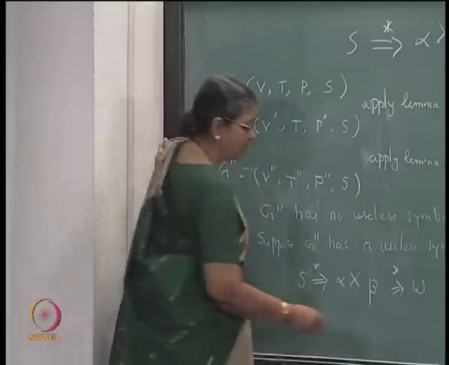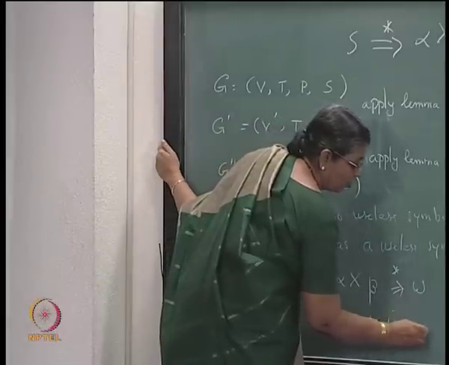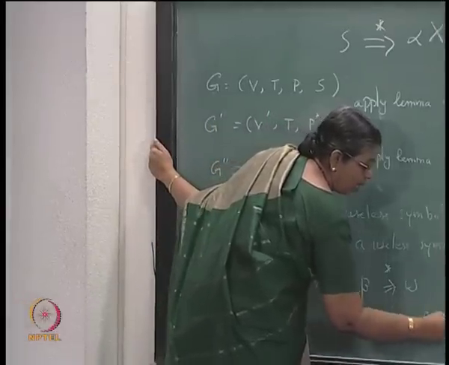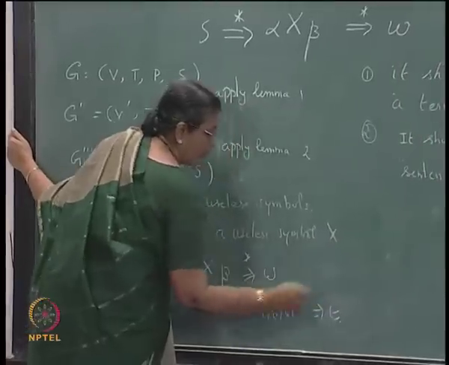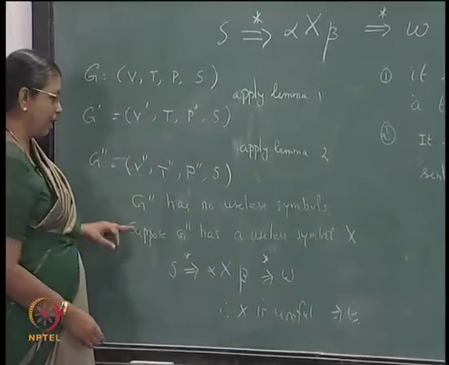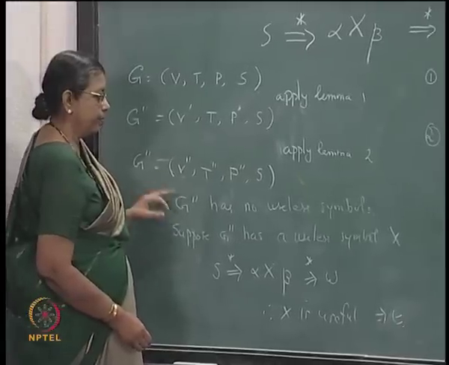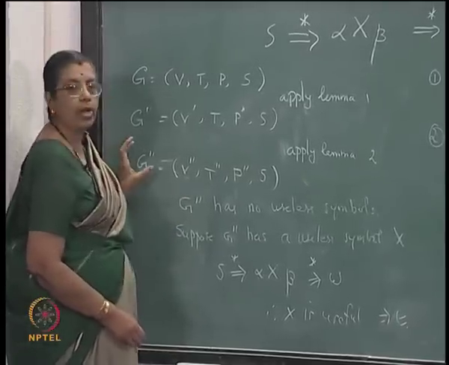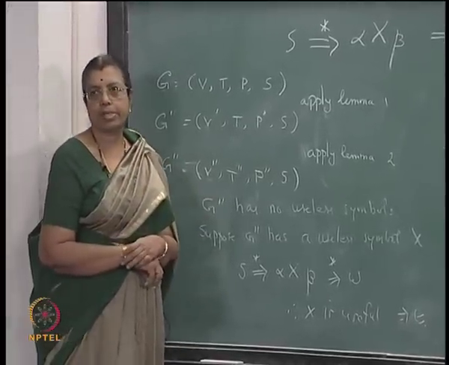So, therefore, X is useful. So, this assumption is not correct. So, G2 dash does not have useless symbols.